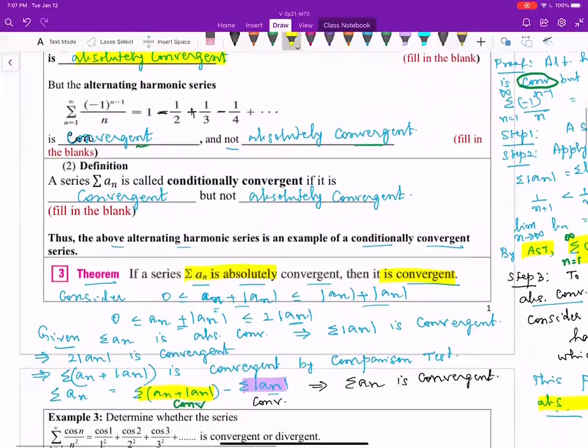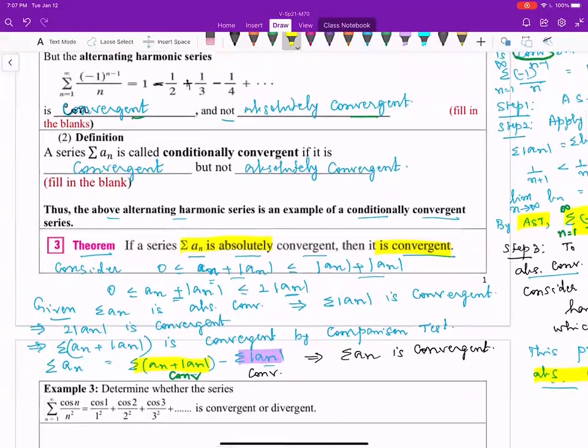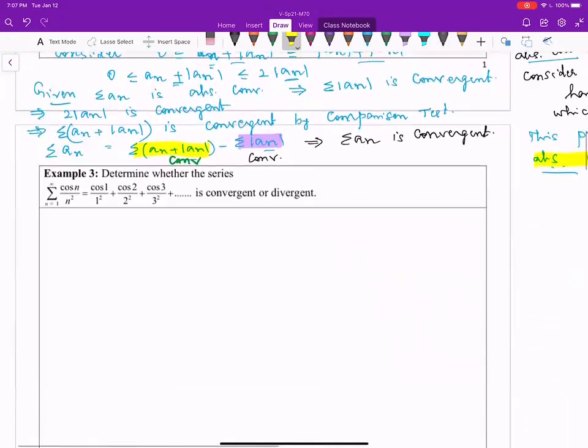So we saw that the alternating harmonic series is an example of a conditionally convergent one. Then if a series is absolutely convergent, then it is convergent. That was theorem 3. Now let's see an example.